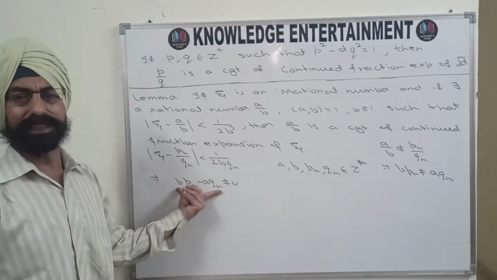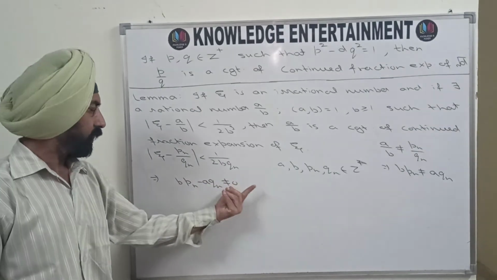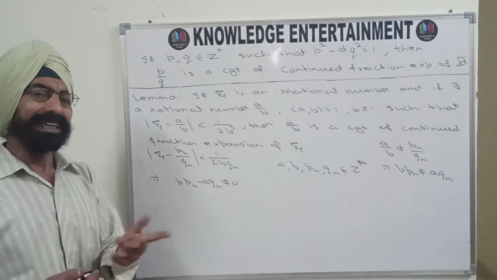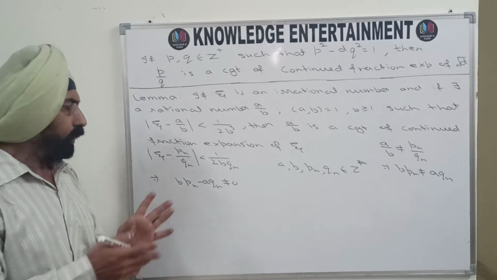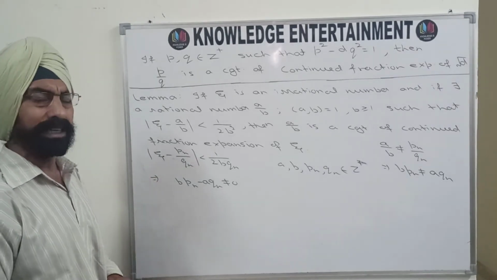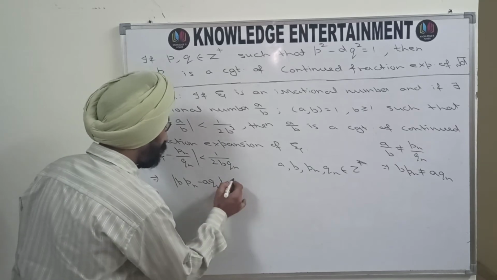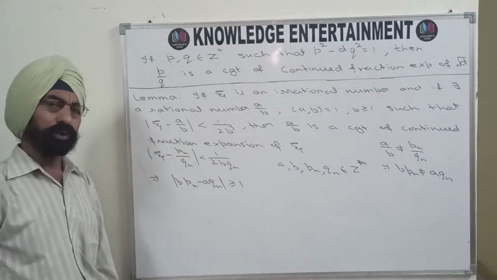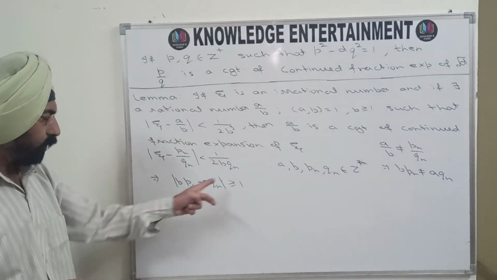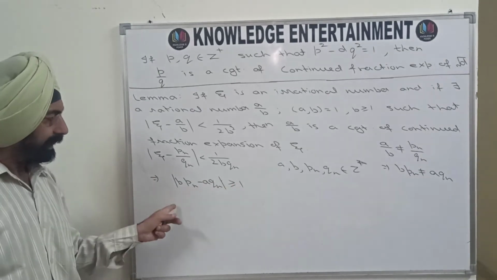So this combination is an integer which is not equal to 0. An integer which is not equal to 0, its mod will definitely be greater than or equal to 1. So the mod of this quantity is greater than or equal to 1.